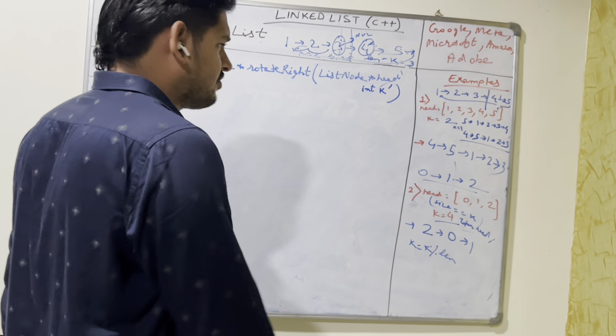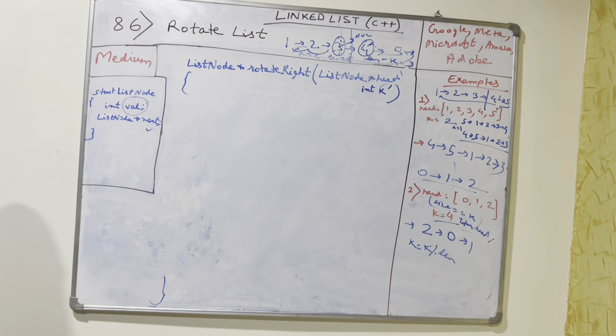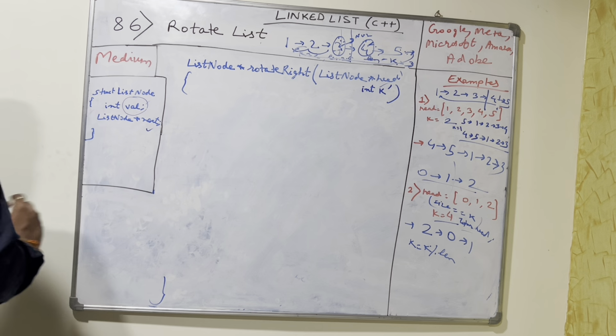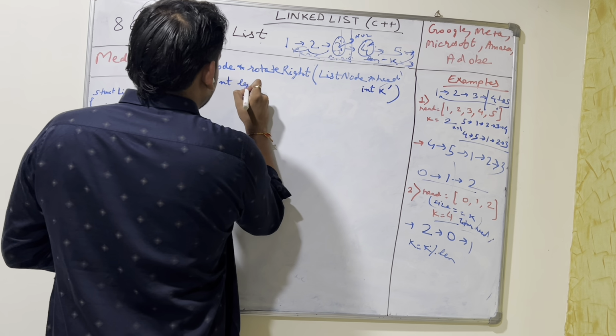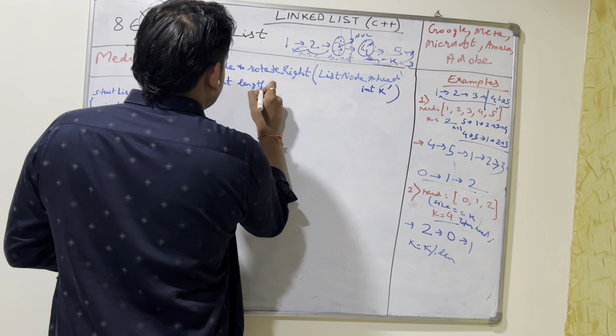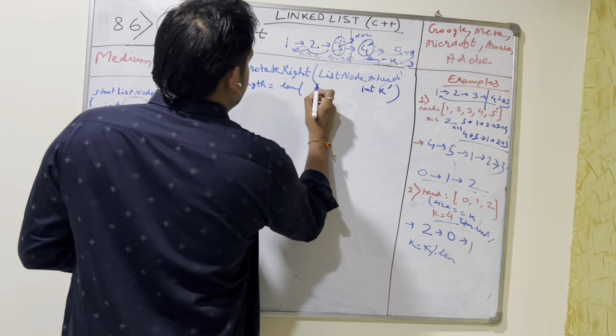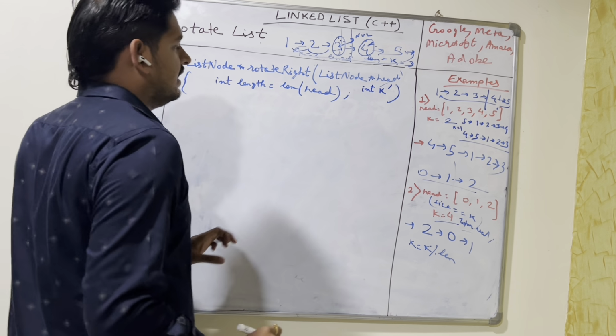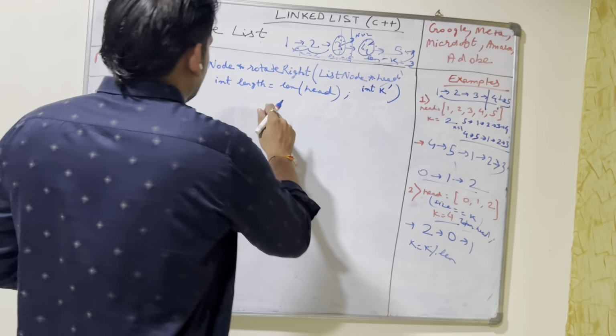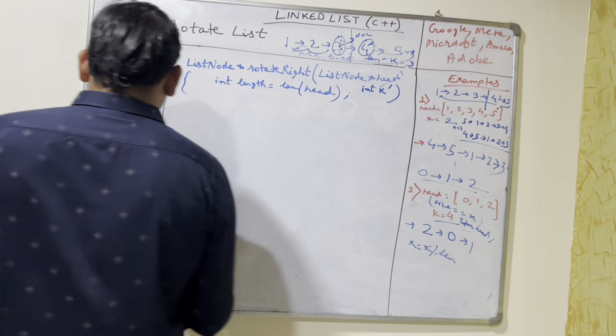So let's code it. Simple, let's code it. We define int length equal to a function len, giving it the head, and this finds the length of the linked list. It would be very simple if we code the length of the linked list.